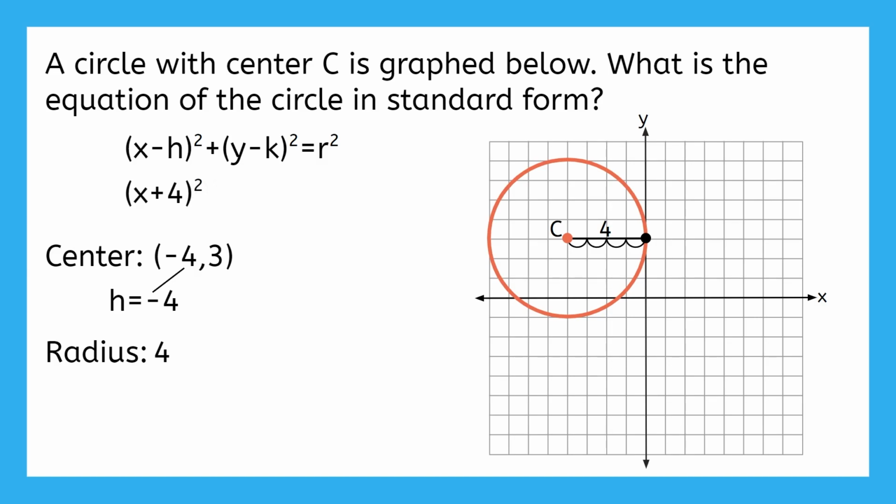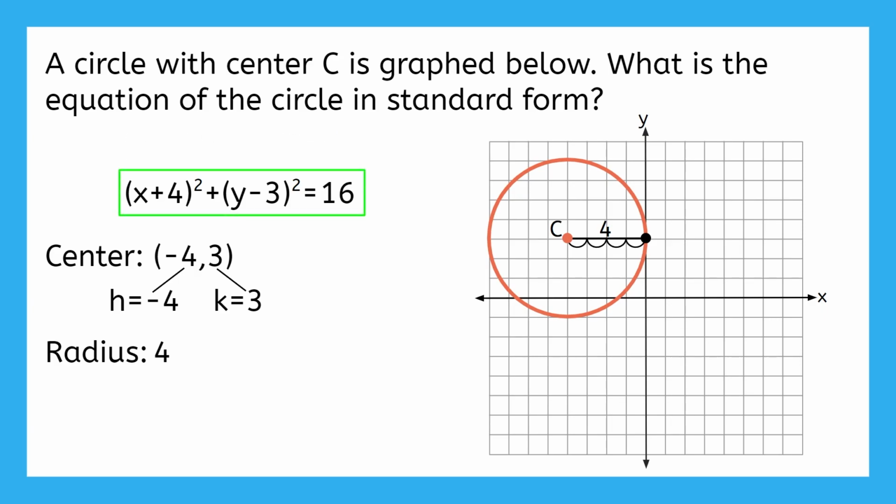From the center, we also know that k is 3. So that gives us y minus 3 squared. There's nothing to simplify there, so we could just move on to r squared now. Since r is 4, r squared will be 4 squared, or 16. x and y stay as they are, so this is our final answer.